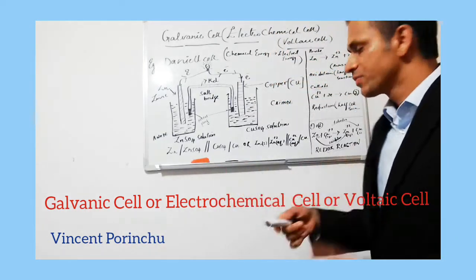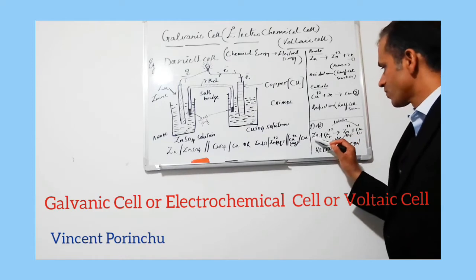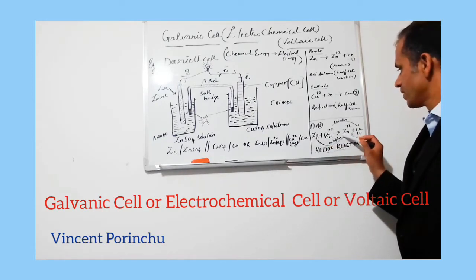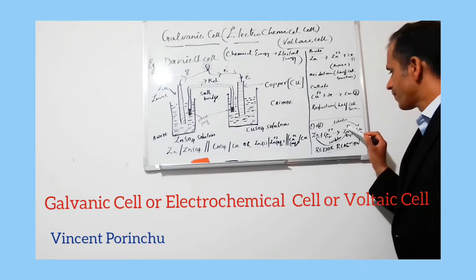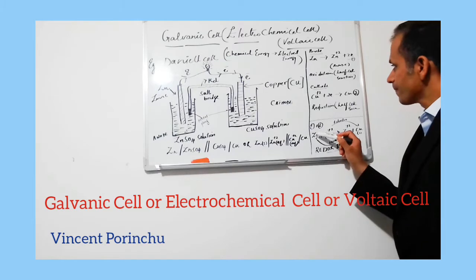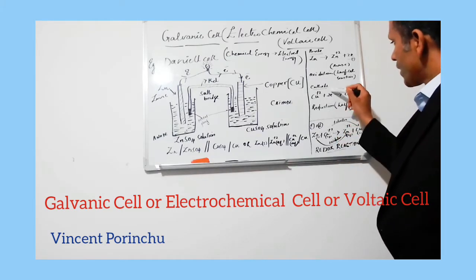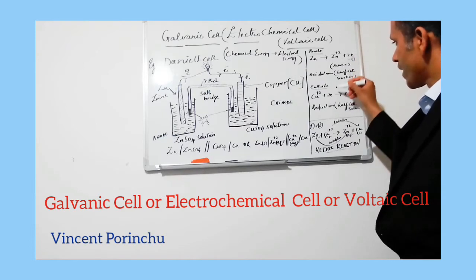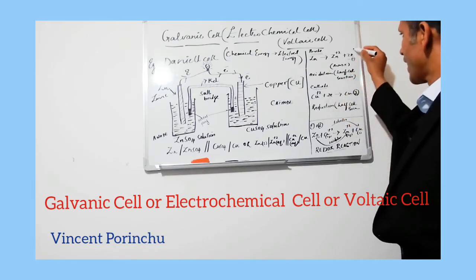When we add up those two individual reactions, we get Zn plus Cu2+ gives Zn2+ plus Cu. The two electrons cancel.